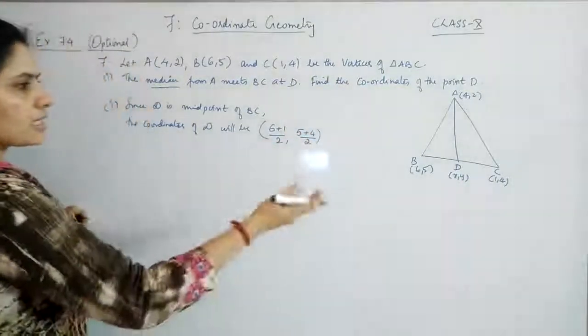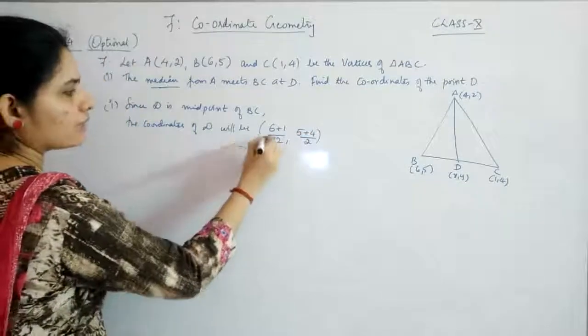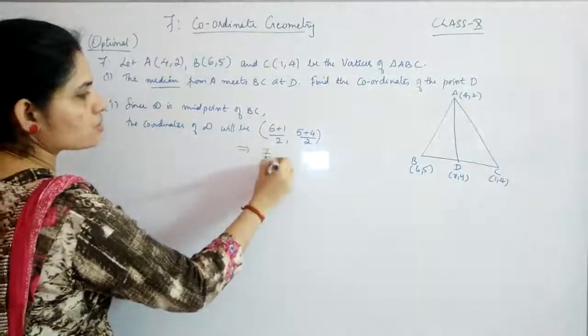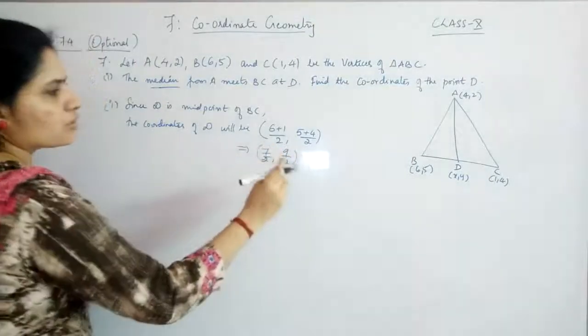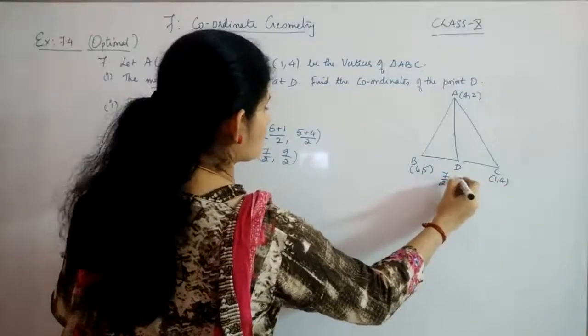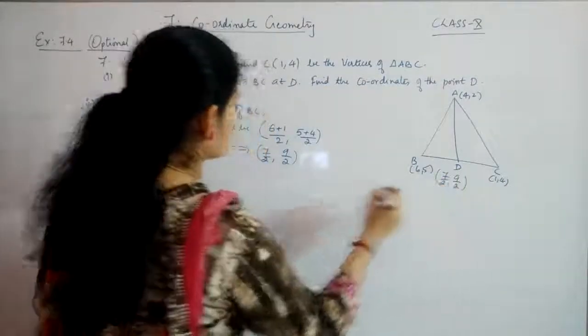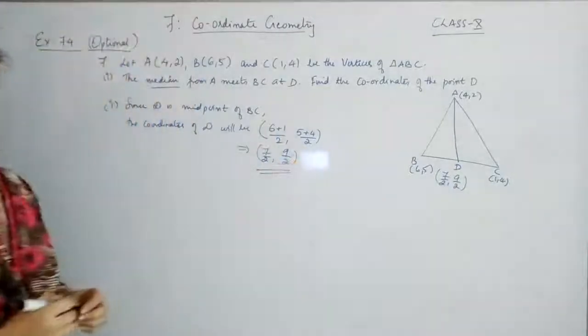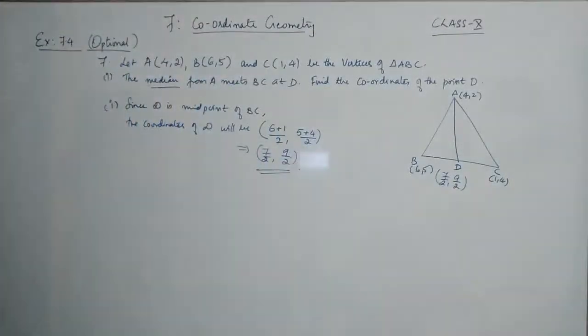So x comma y has the value 7 by 2 comma 9 by 2. So this is D. Therefore the coordinates are 7 by 2 comma 9 by 2.